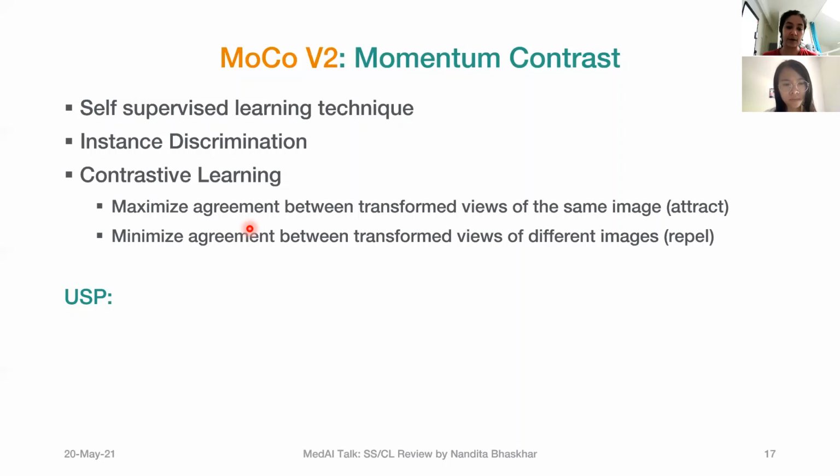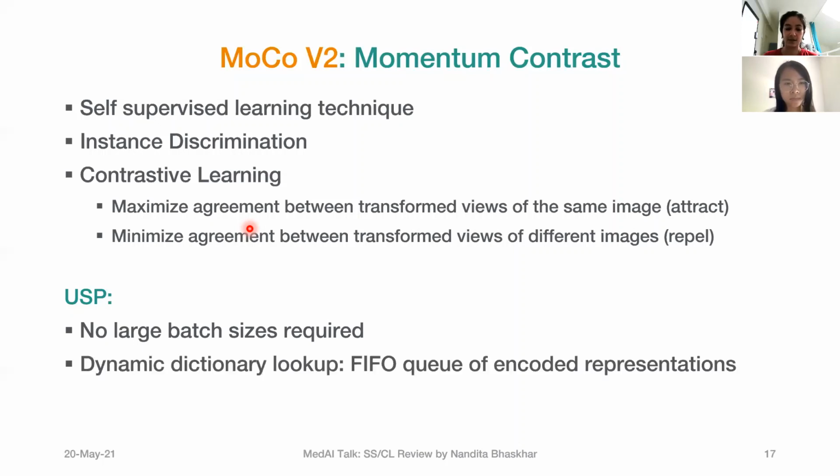So the unique selling point of MoCo is that it does not need large batch sizes. Instead, it uses this dynamic dictionary lookup where it's a first in, first out queue of encoded representations. And it introduced this momentum encoder for this particular task. And it's one of the most highly efficient, memory efficient frameworks out there.